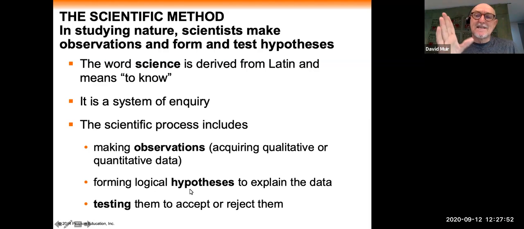A hypothesis is a logical guess to explain what is being observed. In science, the critical thing that distinguishes it from everything else is that the hypothesis is made, and the hypothesis is then tested. After testing, the hypothesis is either accepted or rejected.